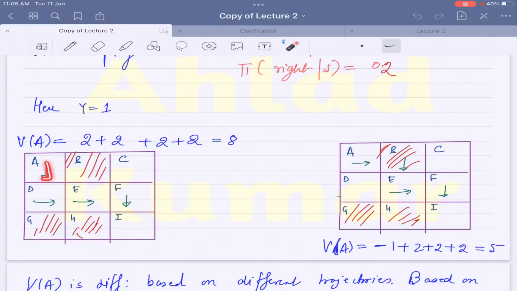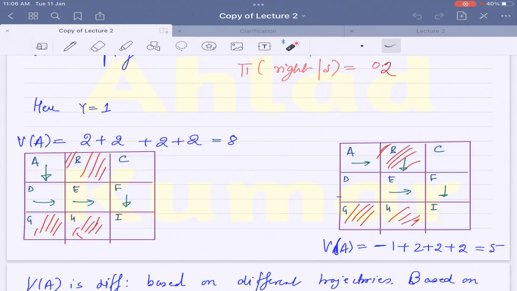In each of these states, whenever the agent is making a transition from a possible state to a next possible state, it will get a reward of 2. Whereas if it goes from A to a prohibited state, which is given over here, it will be given a reward of -1. Similarly, in these prohibited states, if the agent is moving, it will be given a reward of -1.